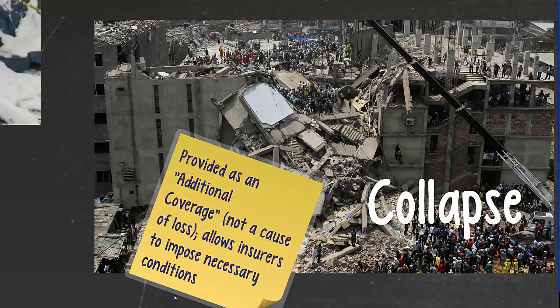The insurer agrees to pay for damage caused by an abrupt collapse of a building, and the form states that abrupt collapse means an abrupt falling down or caving in of a building or any part of a building with the result that the building or part of the building cannot be occupied for its intended purpose.